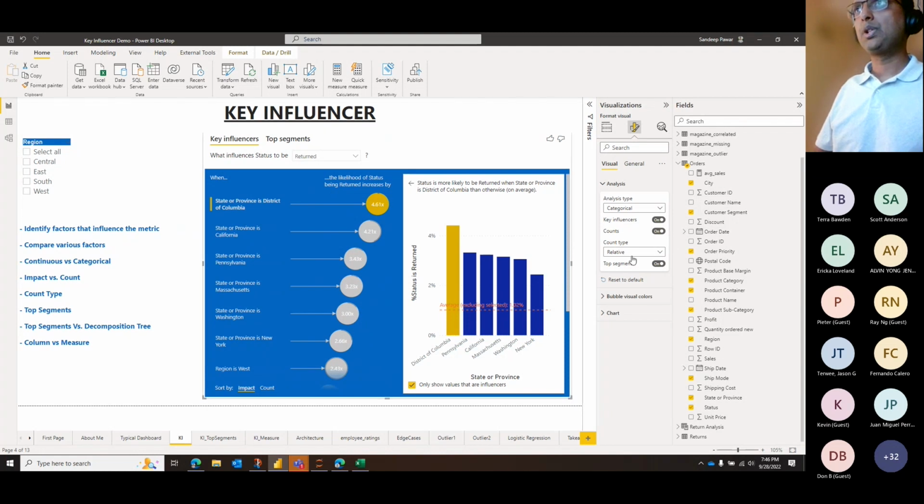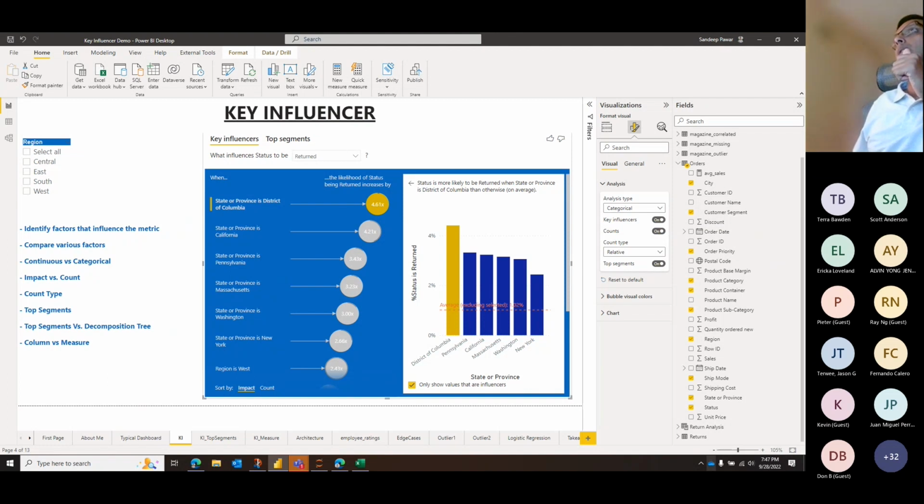There are other options in here. So what Fernando said about categorical. Right now this is categorical, but where this will play a role is, imagine you have a flag in your data that returned is 1 and not returned is 0. In that case, it will show you both numerical as well as categorical, because it is 0 and 1.